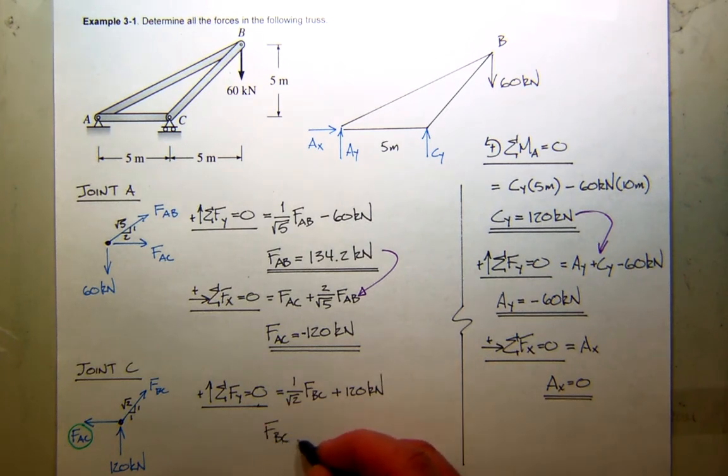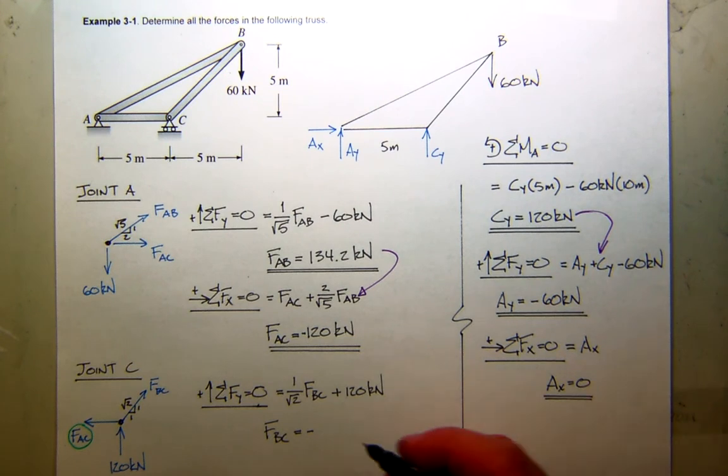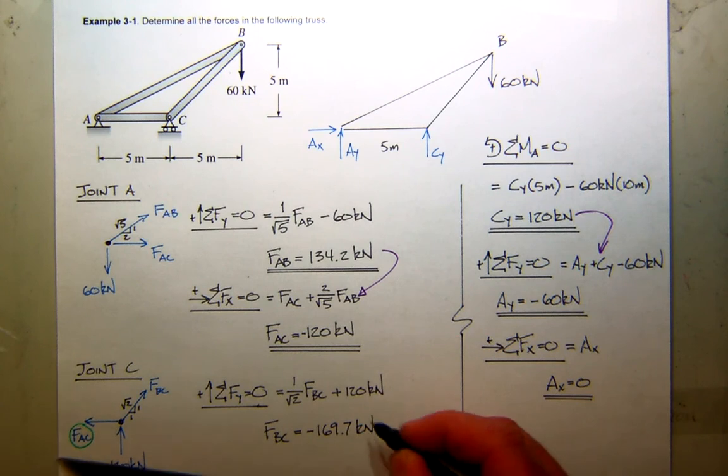It looks like FBC is going to be negative. I don't know what it's going to be. 50 something? 70 something? 170. Oh, 170. Sorry. Exactly 170? Pretty close? 169.7. I'll just do that. And that'll be kilonewtons.